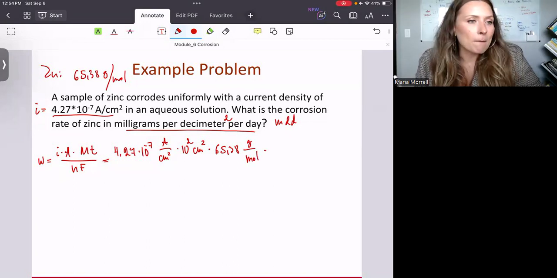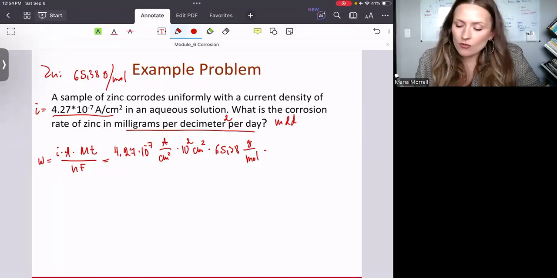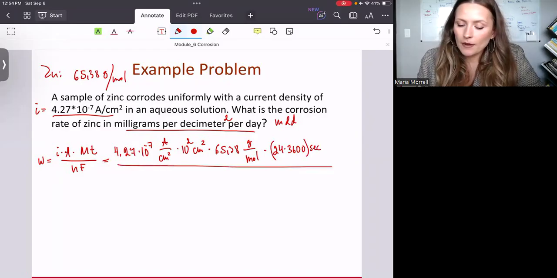So I will convert it right away to seconds, which is going to be 24 times 3600 seconds, okay? Now I know that there are 2 electrons involved, and my Faraday's constant is 96,500 amp times second per mole.